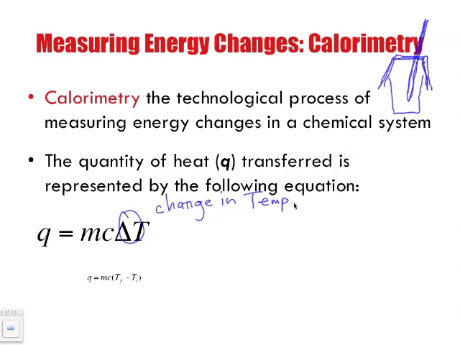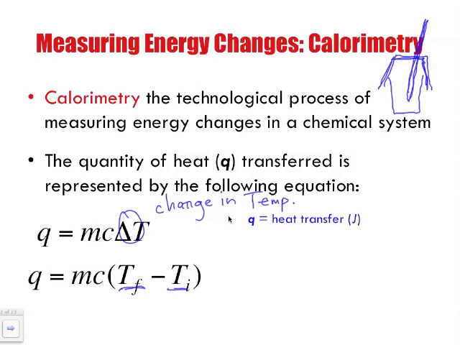Another way of writing that is in brackets Tf, the final temperature, subtracted by the initial temperature. So if the temperature is increasing, the amount of energy is going to be a positive value. If the final temperature is a lower temperature, of course the amount of energy is going to be negative. But we'll worry about that when we deal with some actual problems.